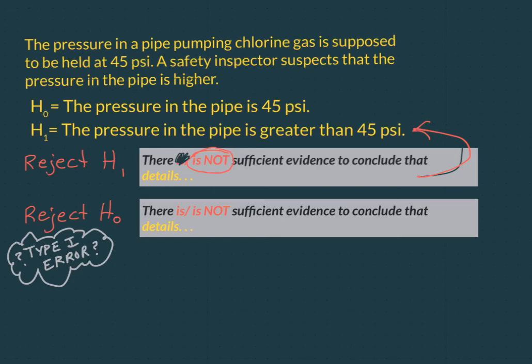So in this case, if you are rejecting the null hypothesis, then there is sufficient evidence to make you do that. Okay? So there is sufficient evidence to conclude that the pressure in the pipe is greater than 45 psi.